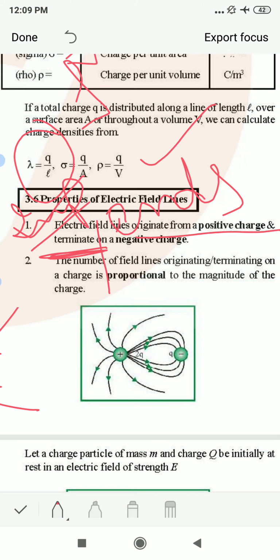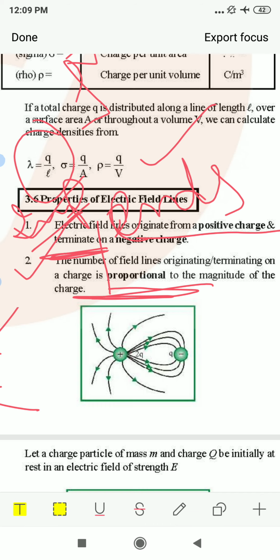The second one says the number of field lines originating or terminating on a charge is proportional to the magnitude. Magnitude means 5 coulomb or 6 coulomb or 10 coulomb of the charges. So the number of field lines is directly proportional to the magnitude.